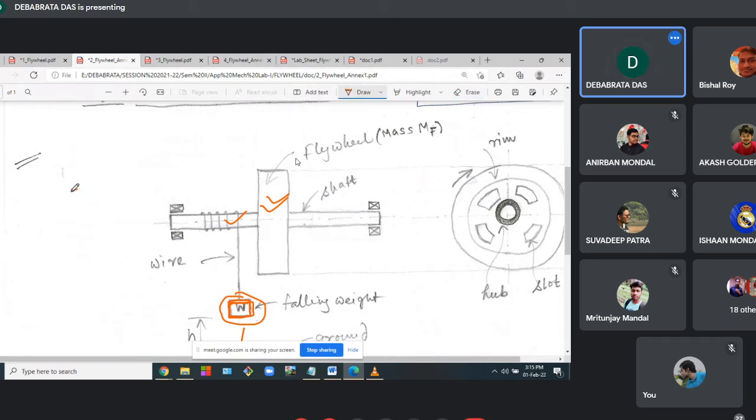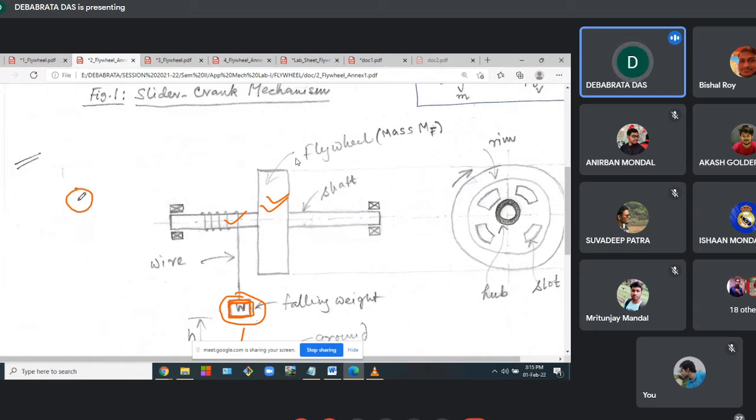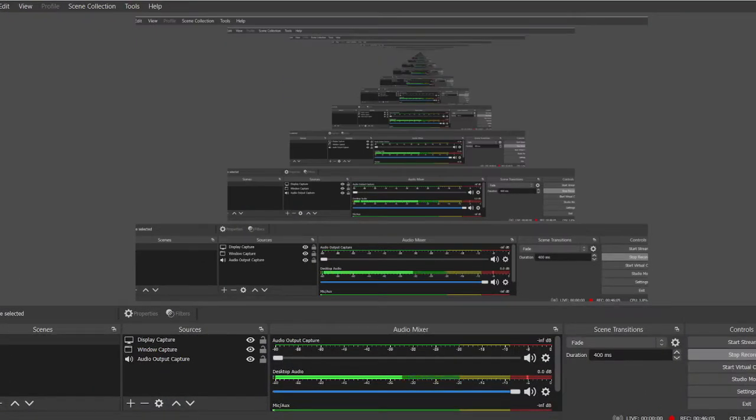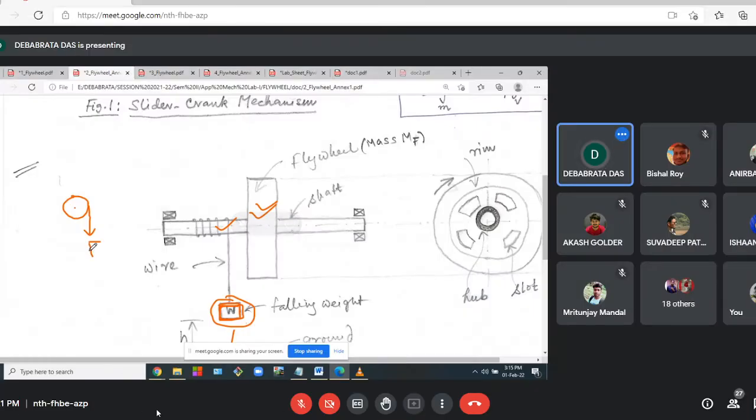Say we draw the shaft. Now, say this is connected to this weight through a wire. So if you cut the wire, then you have to show this tension F that is developed inside this wire.